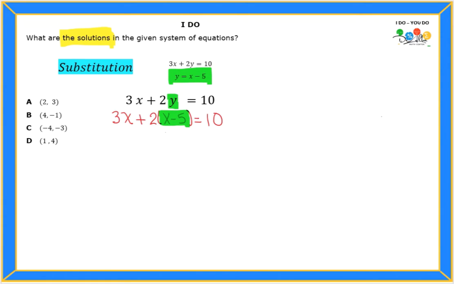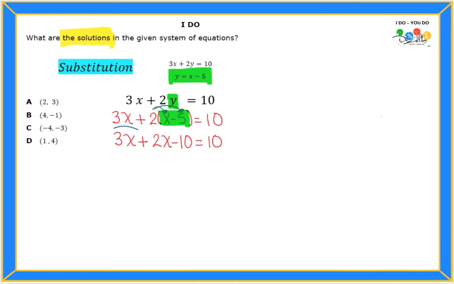So I'm going to bring down my 3x, and I will multiply 2 times x using the distributive property and 2 times negative 5. Okay, so 2 times x gives me 2x minus 10, which is my 2 times 5, equals 10. Okay, so what do I need to do next? Well, I am going to combine like terms.